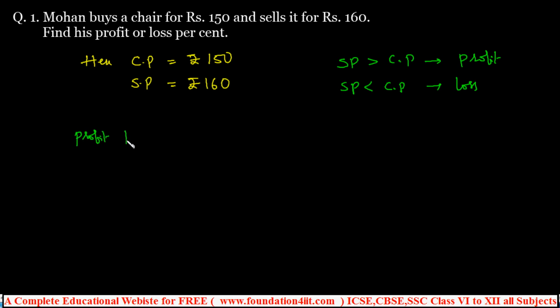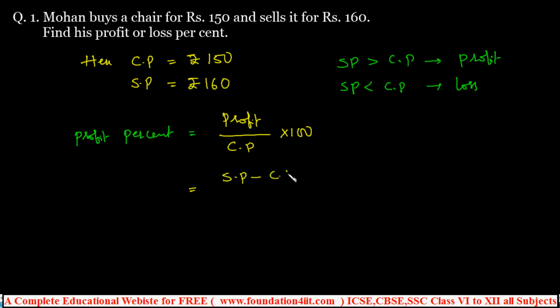So profit percent is the formula. That is percentage of profit or profit percent: profit by cost price into 100. This is a formula. But profit is nothing but again SP minus CP.